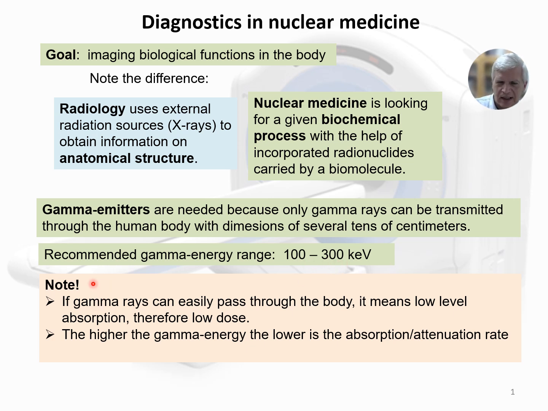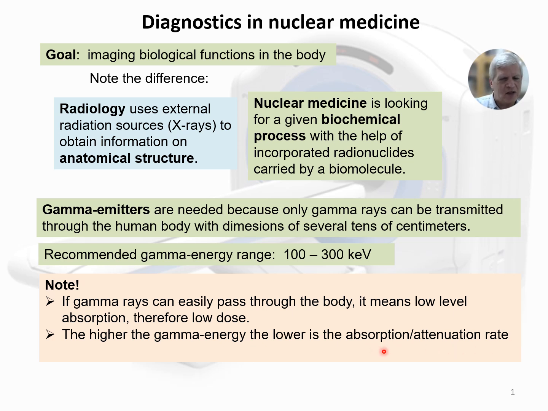Please also note that if gamma rays can easily pass through the body, it means a low level of absorption, therefore a very low dose. It is important for us. And the higher the gamma energy, the lower is the absorption and attenuation rate.